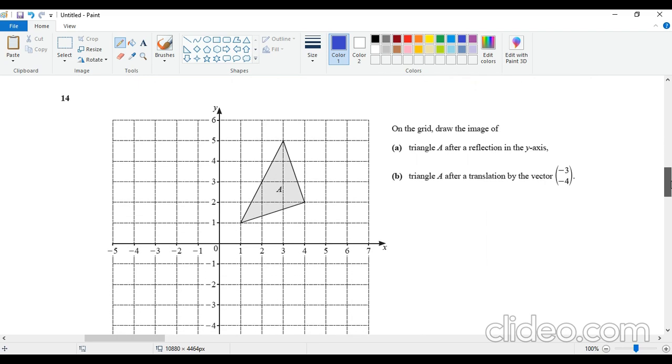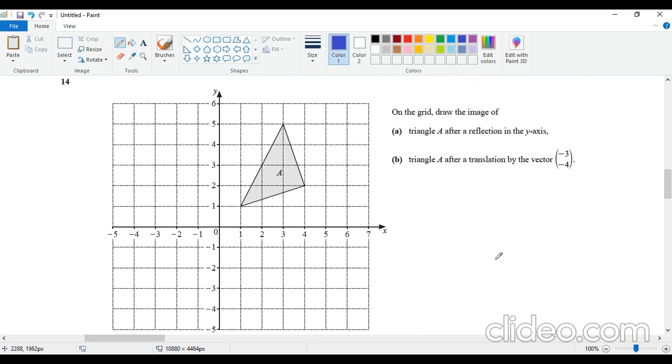Now comes question number 14. This grid is given to you, and a triangle A is also given. It says on the grid, draw the image of triangle A after reflection in the y-axis. So always remember a rule: whenever there is a reflection in the y-axis, the x coordinate will be negative or the opposite of x, right?